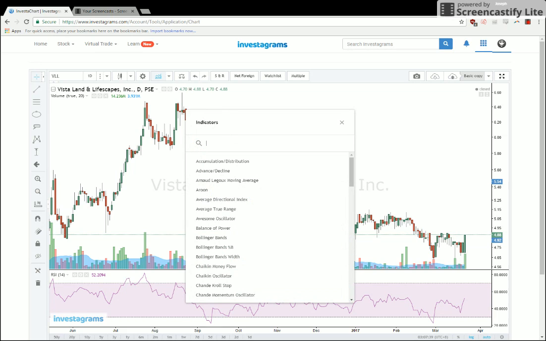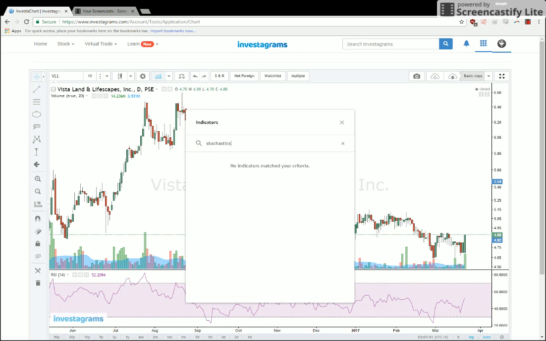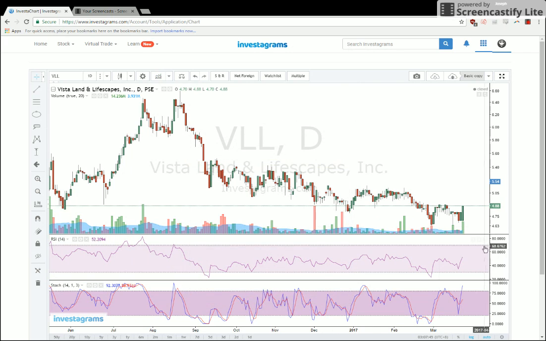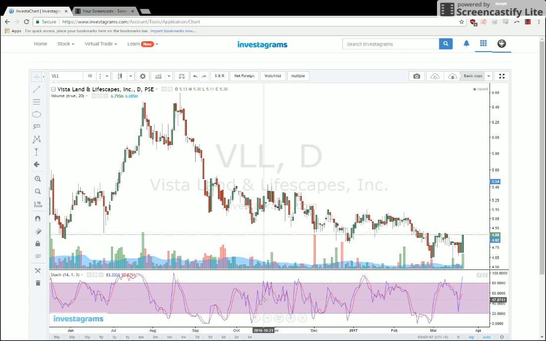Another popular one is obviously stochastics. Stochastics measure whether or not the company is ranging. Generally, if you see this, it's very messy. It doesn't go into oversold or overbought. That means that the stock is ranging.